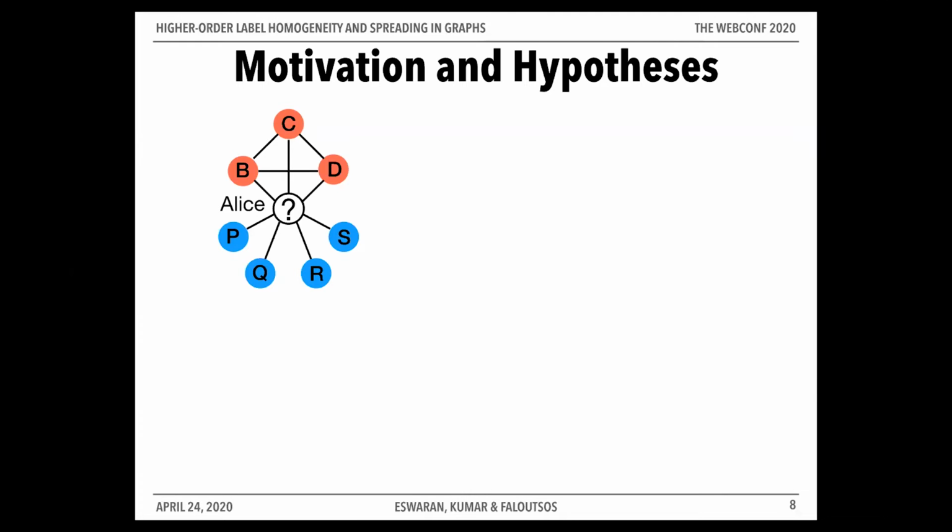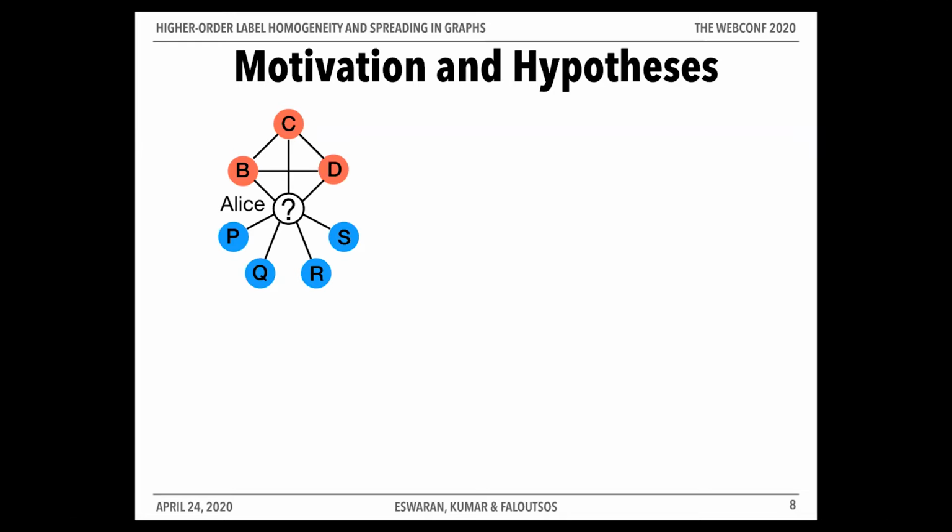But where our work really comes in is based on this observation that can be expressed really well using this small example. So let's consider Alice, who has four acquaintances shown in blue and three close friends shown in red.